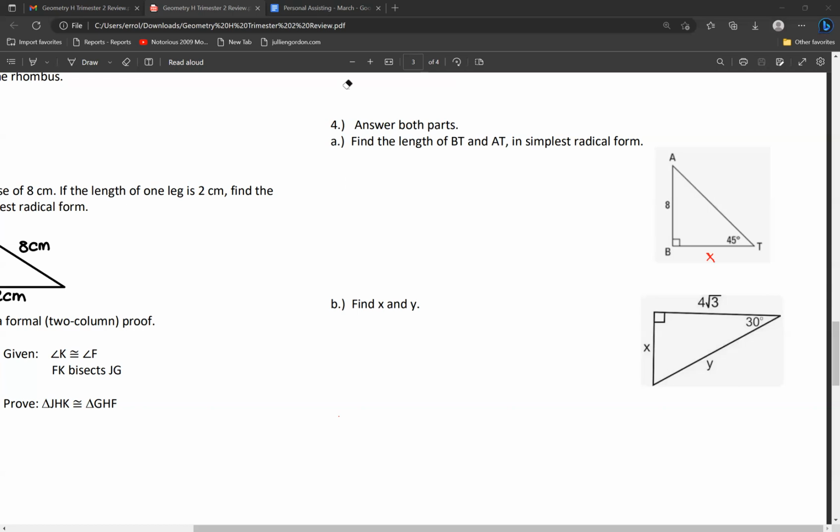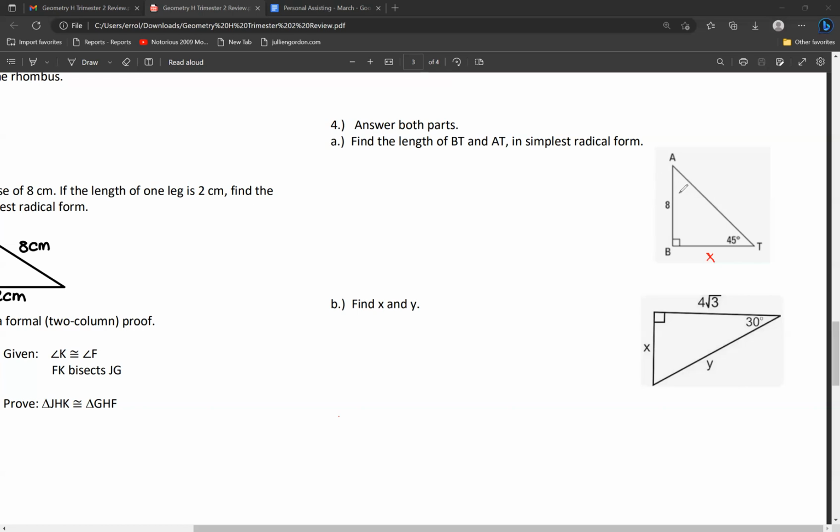Is it equal to AB? How do we know that? No, it's not. It would be equal to AB if we knew that this length equals this length, but we don't know that. Isn't it a 45, 45, 90 triangle? Oh, no, my bad.